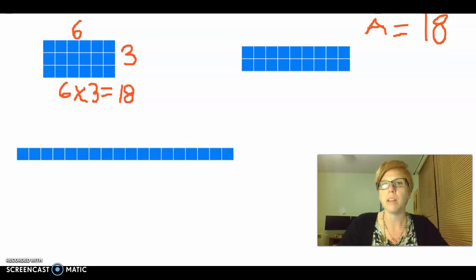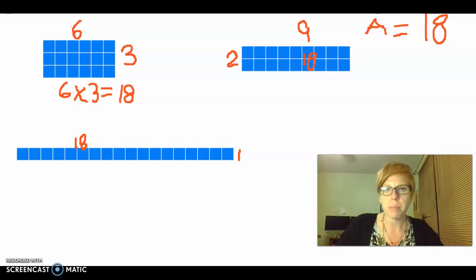This one over here, this is 9 by 2. 9 times 2 is 18. Let me write that down in the middle. And this last one is, I'm going to write it on top so we can see it better, 18 times 1. That's 18.